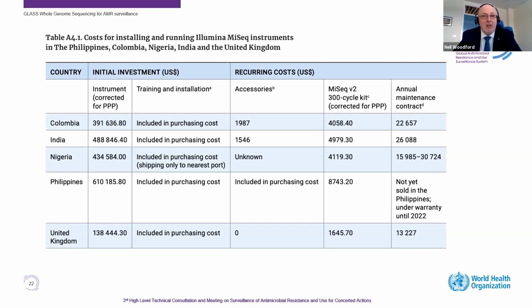In some of the other countries on the table, it's 2, sometimes 5 times as much to buy exactly the same instrument. And then they do not necessarily have the same supply chain for regular supply of reagents. And it may be more expensive even to buy those reagents. So this is, again, something that needs to be addressed as we start to see whole genome sequencing used more widely in different countries.